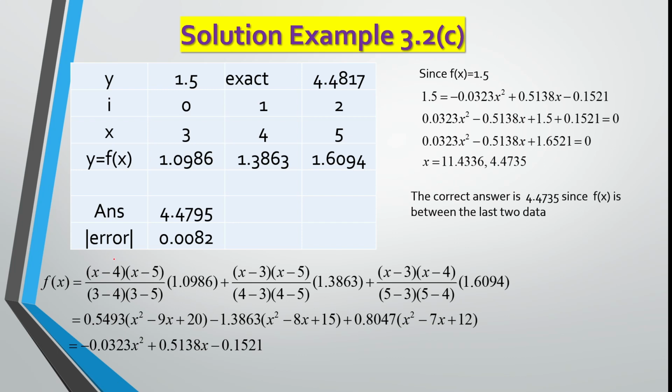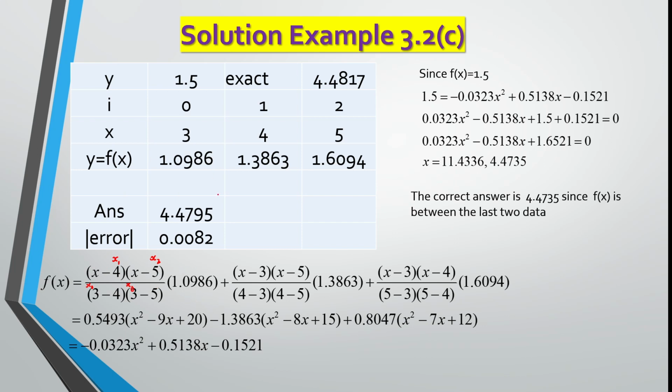This is x minus x1, x minus x2, so x1 is 4, x2 is 5 here. This is x naught, for L naught: x minus x1, x minus x2, and the denominator has x naught replaced, multiplied by y naught.